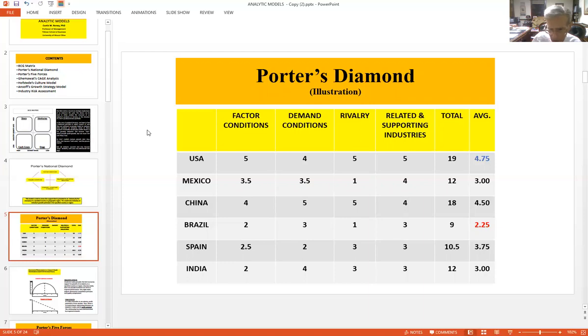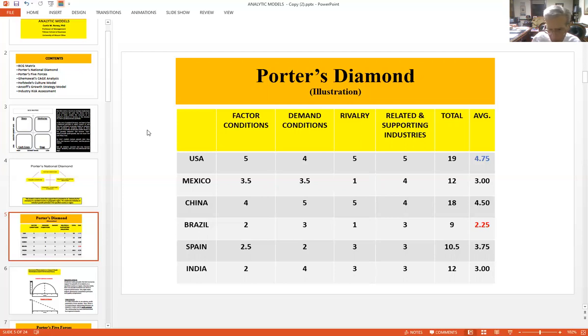In this particular case, I don't recall the case that it was used for, although I have a suspicion because Mexico is here, but you'll see Mexico in another exhibit where it's pretty obvious what company is being analyzed.